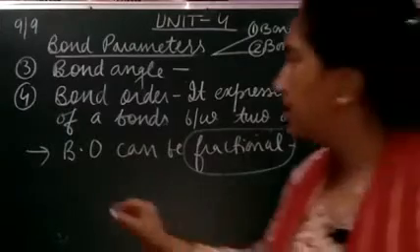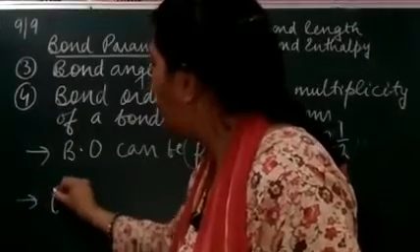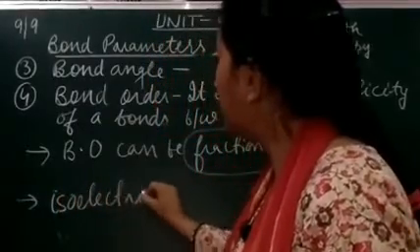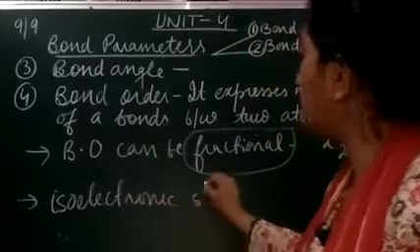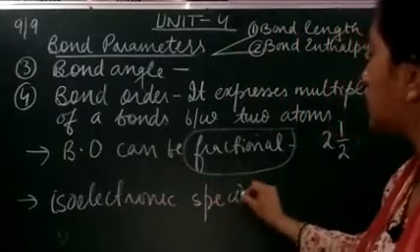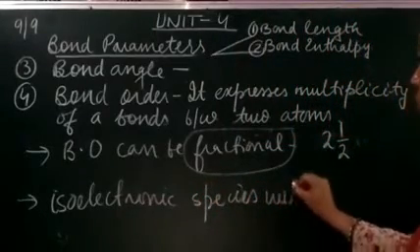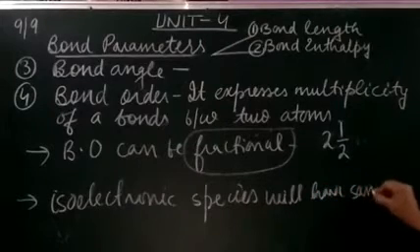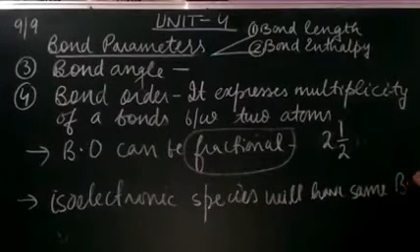The second thing is that isoelectronic species, that means species which have the same number of electrons, will have the same bond order.